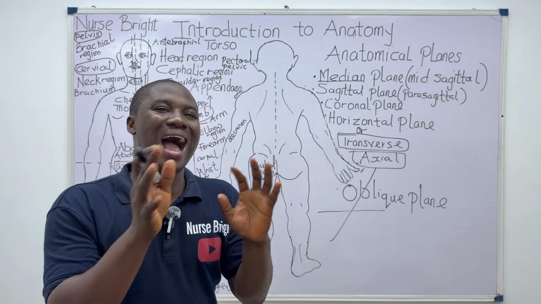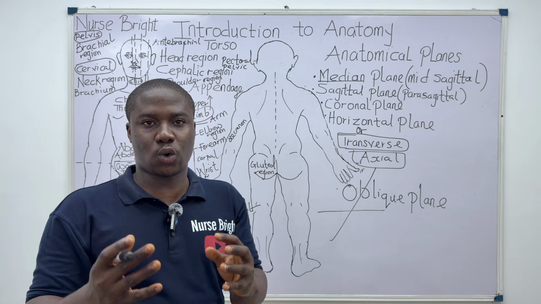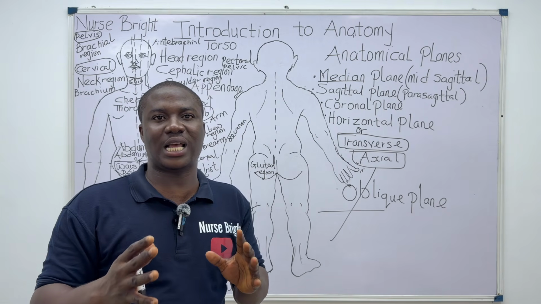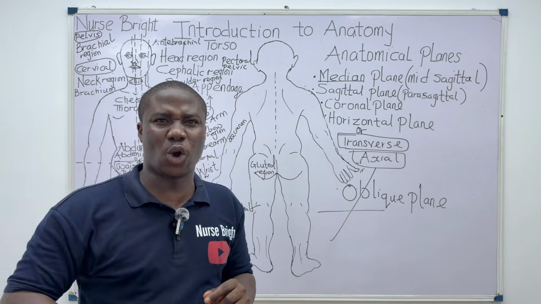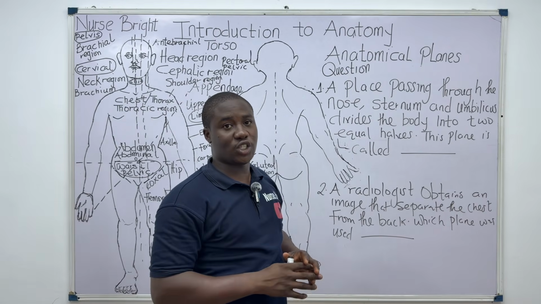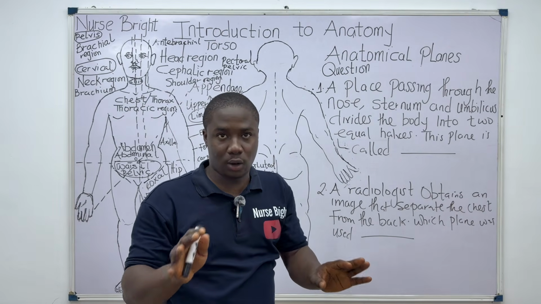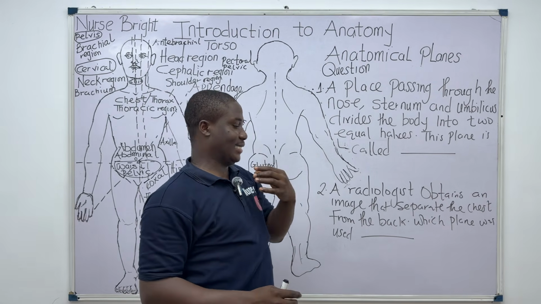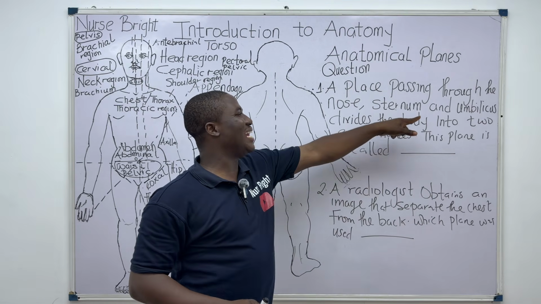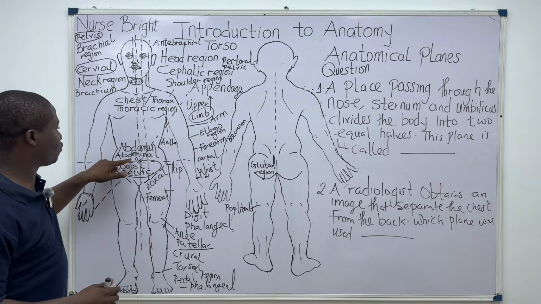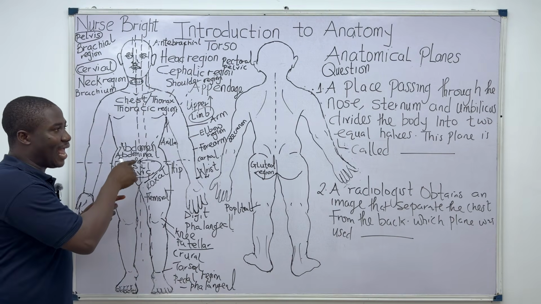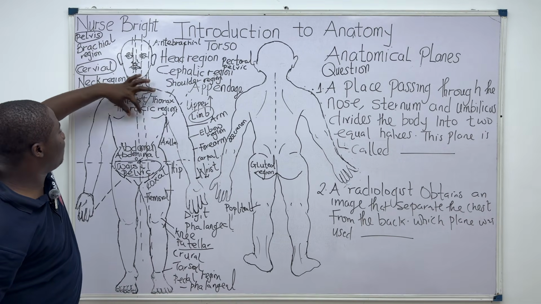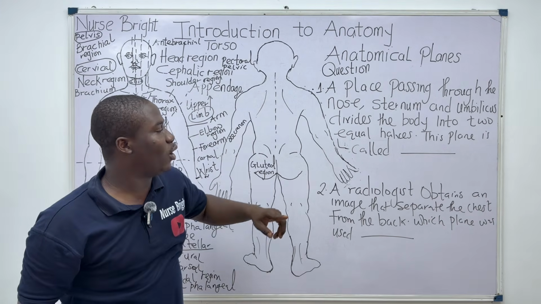So let's get into answering some possible multiple choice questions on this aspect before we get into the other aspect in the course of this introductory class lesson, which is called directional terms. Okay, guys, let's answer these questions together on anatomical planes. They are all easy. The first one says a plane passing through the nose, the sternum, which is the breastbone, and the umbilicus, which is this region, and divides the body into two equal halves.